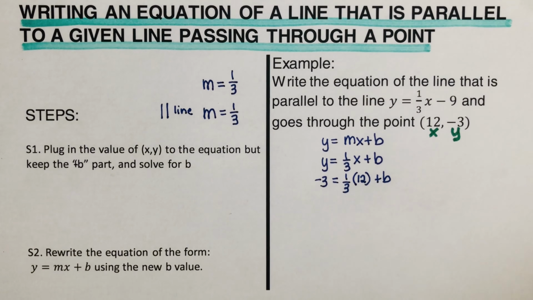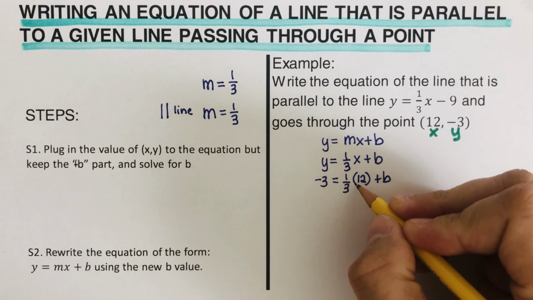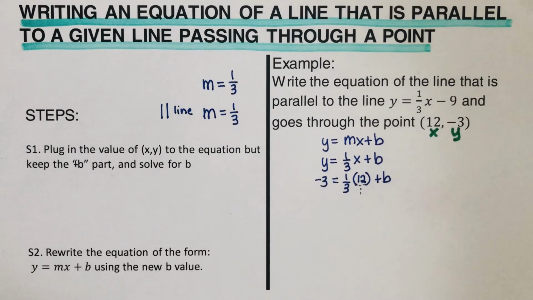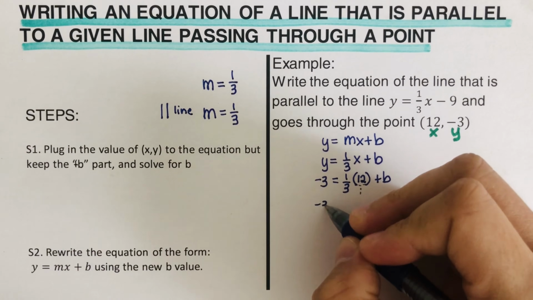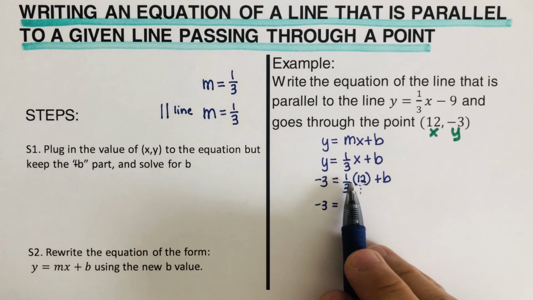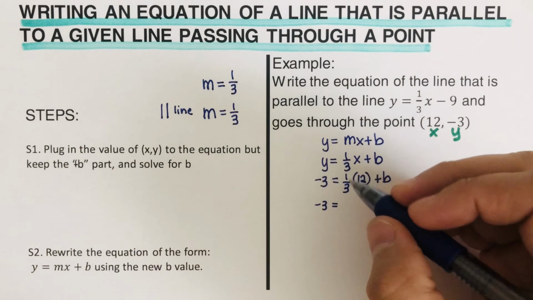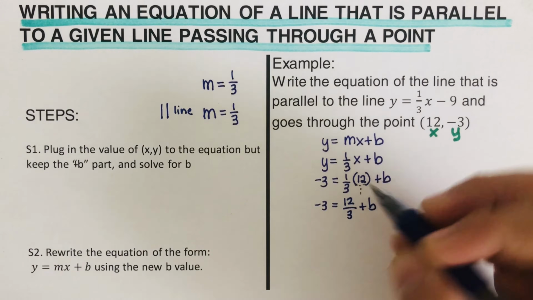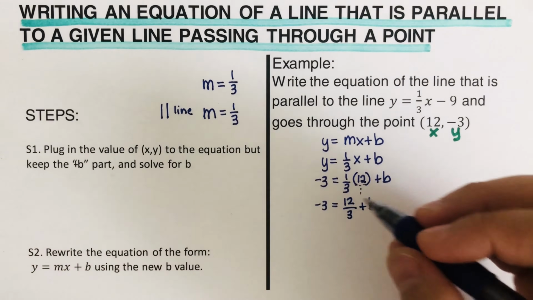So then from here, we can simplify this. We remember that this 12 has an invisible denominator of 1. So then we can say -3 equals, we'll multiply across. So 1 times 12 is 12 over 3 times 1 is 3, and that's plus b. So 12 divided by 3 is 4.